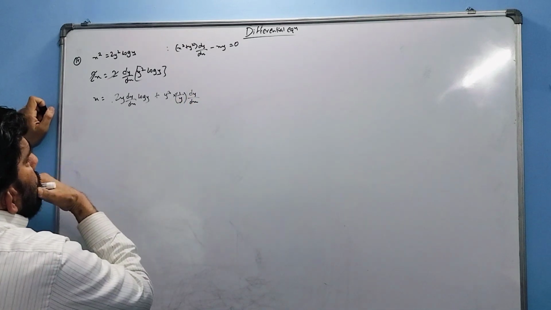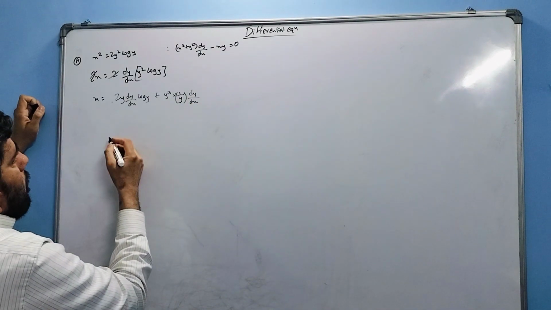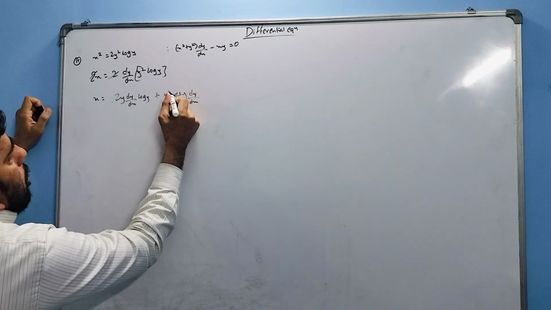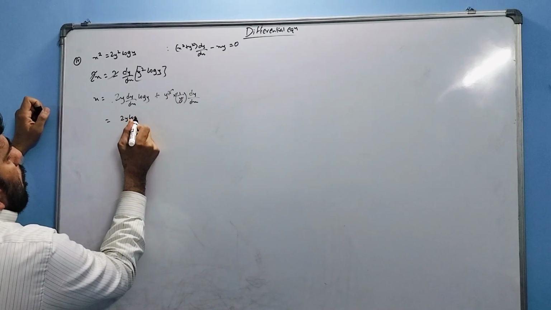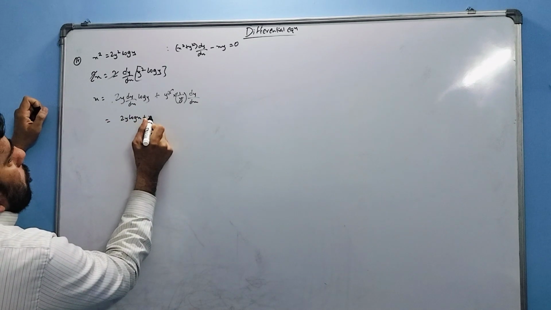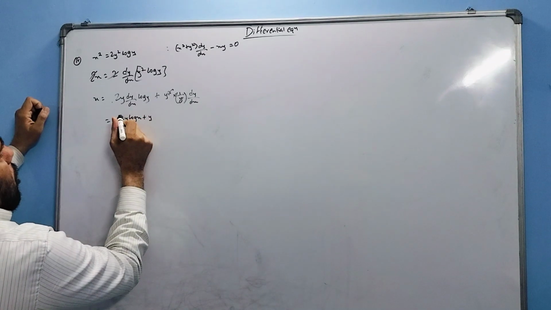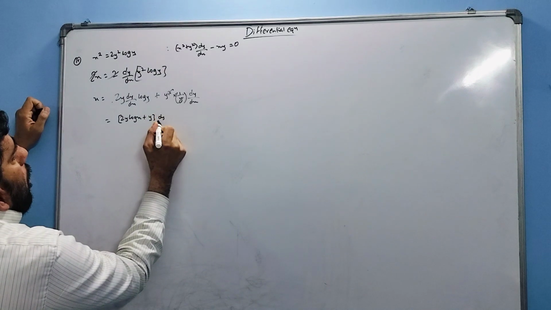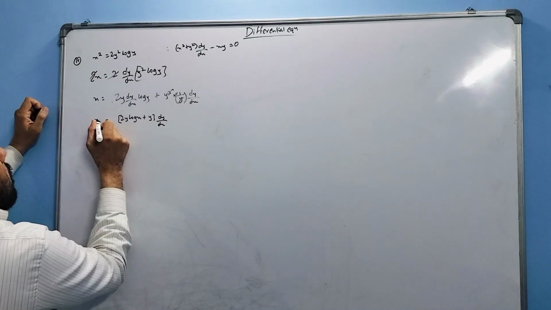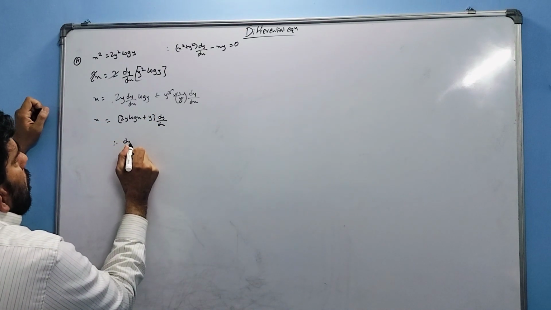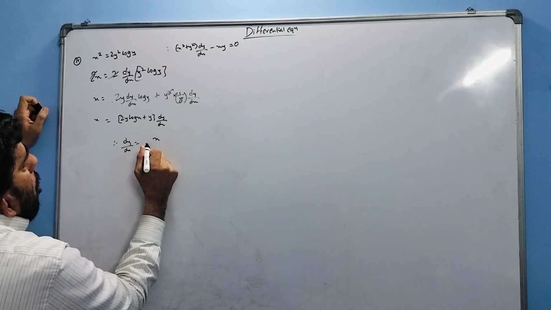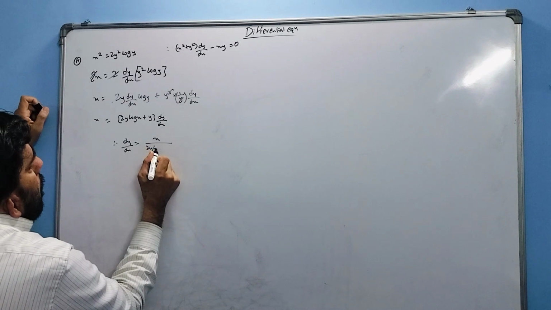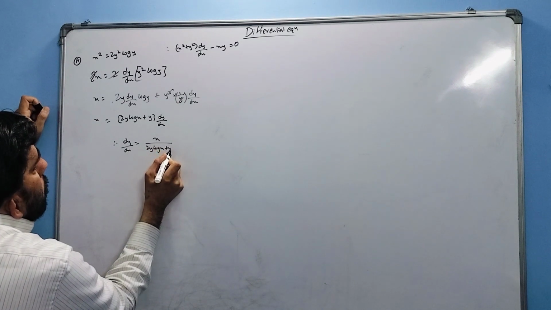Taking dy upon dx common, we have 2y log y plus y. Therefore dy upon dx will be x upon 2y log y plus y.